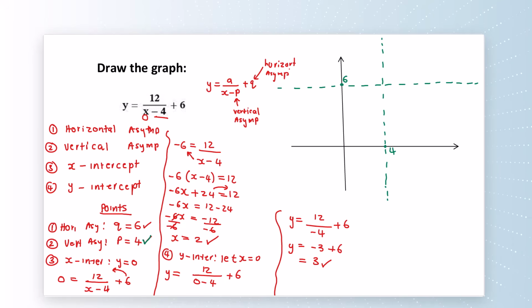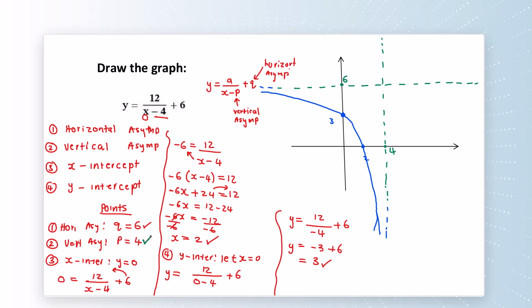All right, let's mark the x-intercept. So if that's 4, the x-intercept can be somewhere there, 2. And then if that's 6, the y-intercept can be somewhere there, 3. So we have 2 and we have 3. We are going to draw a curve that's going to go through the intercepts and approach the asymptotes as far as you can go without touching the asymptotes. All right. Okay, it's supposed to approach the asymptote like that, but never touch those asymptotes.